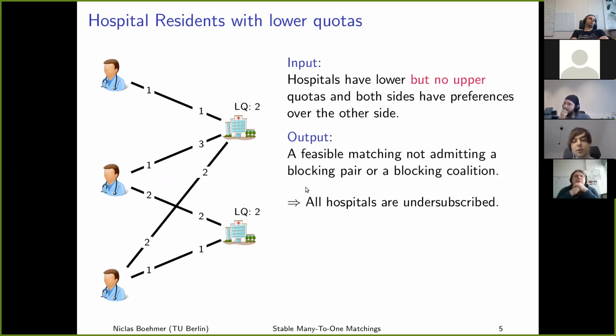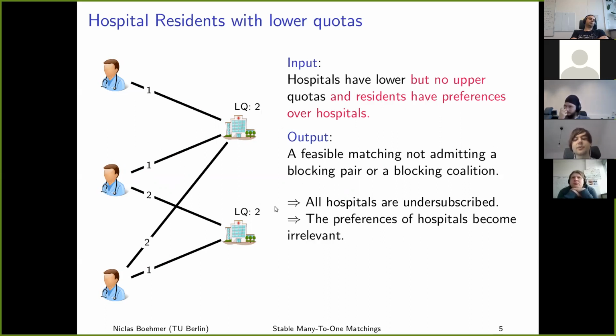So they will always have free capacity left to accommodate additional residents, which immediately implies that the preferences of hospitals become completely irrelevant. Preferences of hospitals don't matter for feasibility, because acceptability can also be encoded in the preferences of the residents.